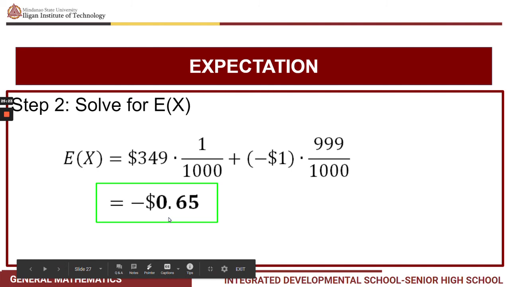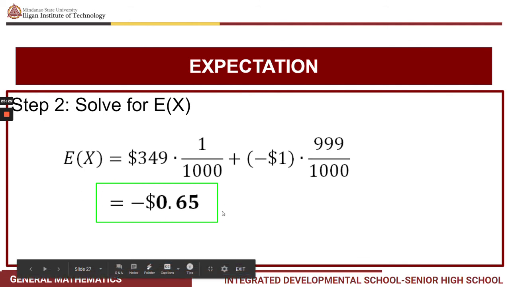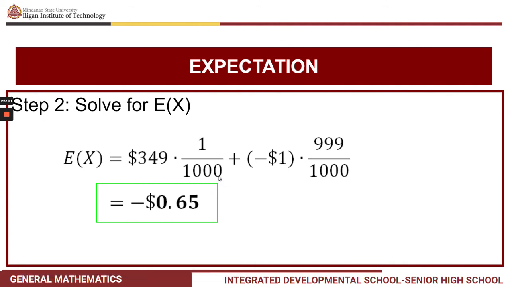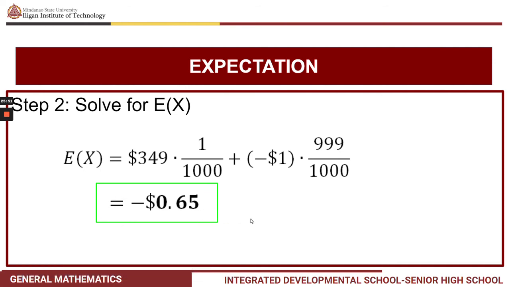This is your expected gain. So, ibig sabihin, let's say, for example, yung raffle is gagawin siya many times, infinitely many times, tapos sasali ka talaga always, and you pay $1 each time. Ito yung magiging expected mo talaga na gain, negative $0.65.